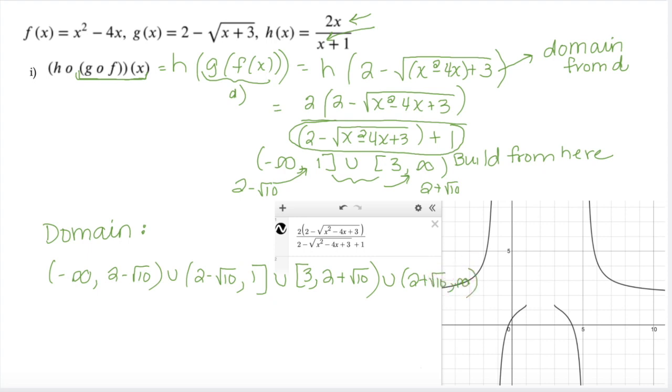So pretty long domain. There's not a whole lot we can do to simplify what we've got. We can distribute the 2 here and here, and then we can combine like terms.